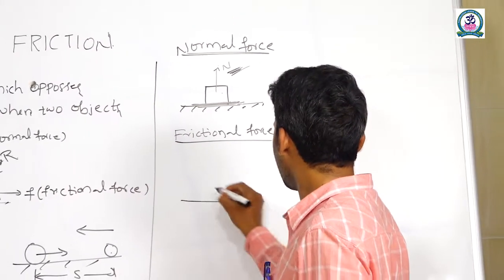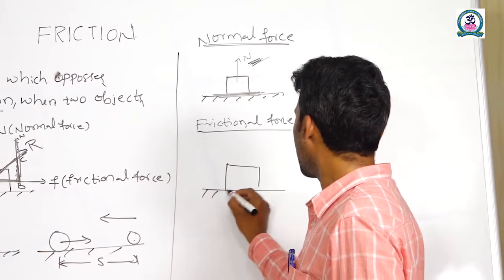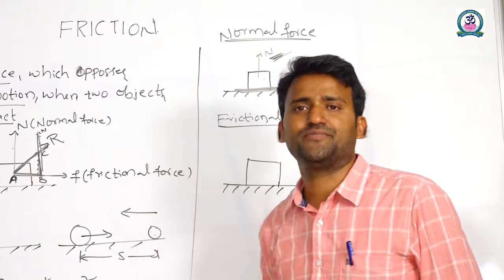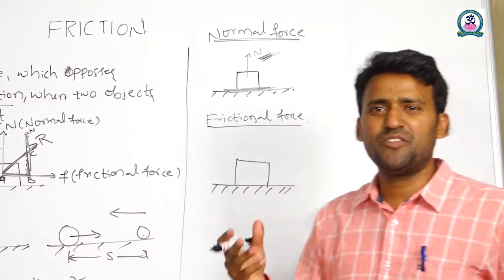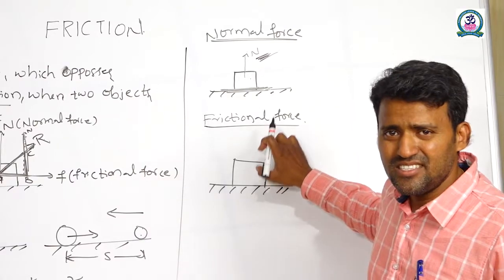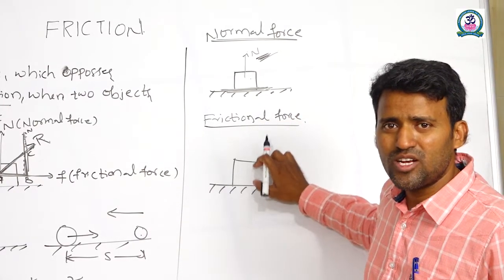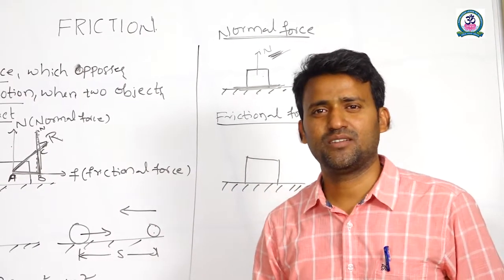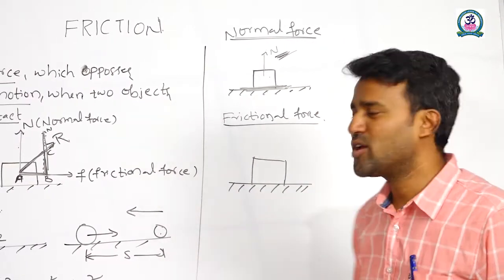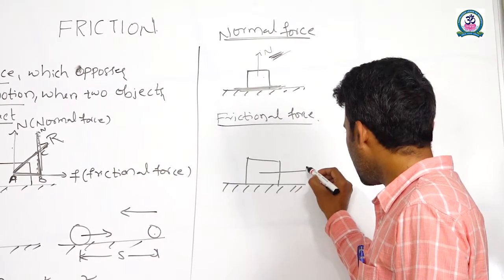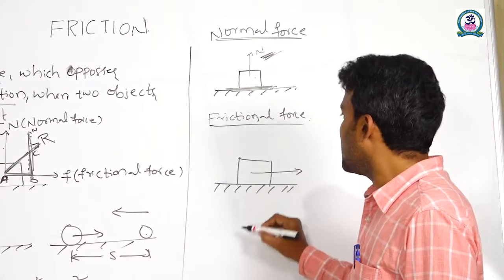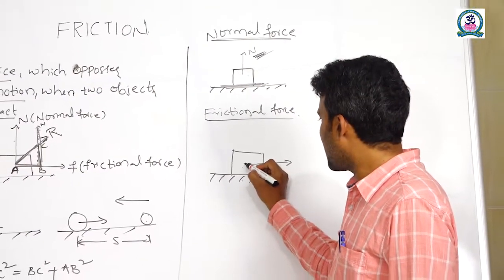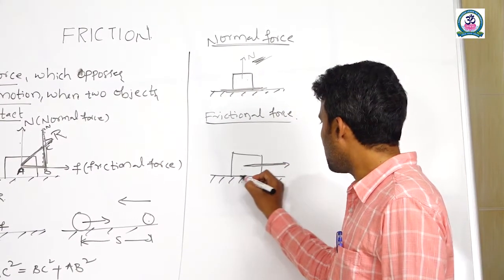Frictional force means when two objects are in contact, a force exists which is parallel to the plane of contact.